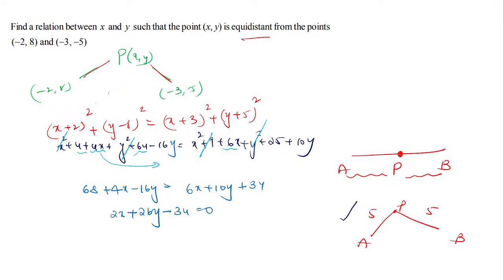Till here is it clear? Then this is a relation. Here you can take 2 common, so x plus 13y minus 17 equals 0.